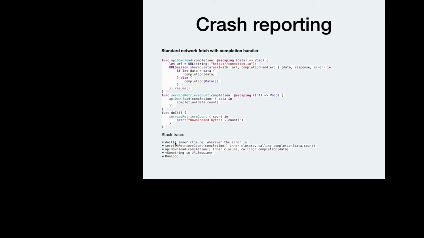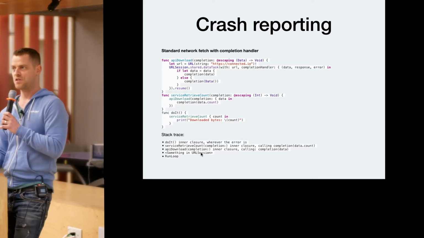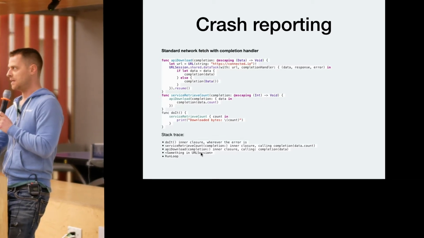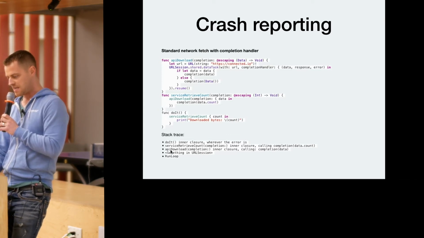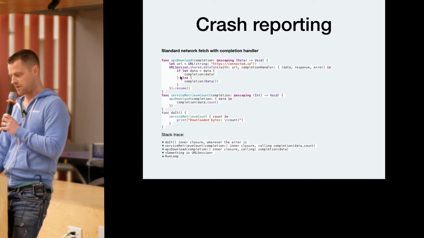So what's our stack trace look like if do it crashes, like our print, something about it, or around that line was crashing? We'd see that the stack trace crash would show the run loop, and then it'd be calling through the URL response layer as it's dealing with the response. And then we'd see that we're in API download inside this closure, at the line where we're calling our completion closure.